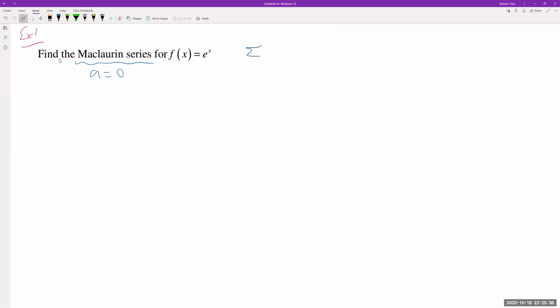It's going to be the infinite sum of f to the n prime at 0, because we're looking at a Maclaurin series, over n factorial times x to the power of n. Now this would be x minus a to the power of n, but since we're looking at a Maclaurin series, it's centered at 0, so a is equal to 0 in this case.